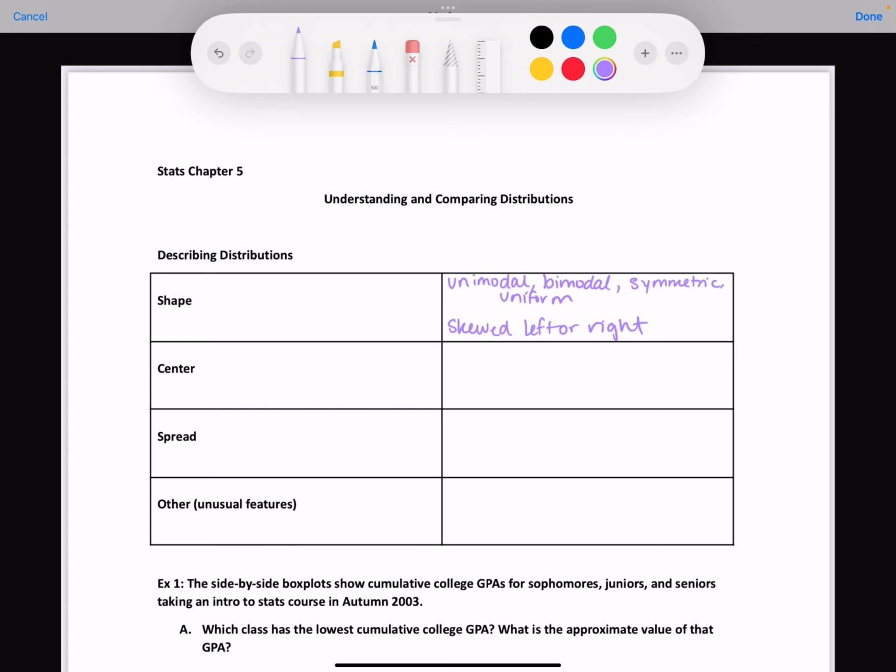The center, we use mean if it is unimodal or symmetric. We use median if it's multimodal and skewed. Technically that can be an or.